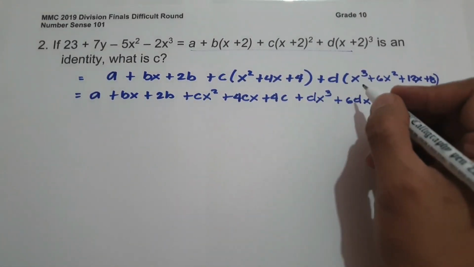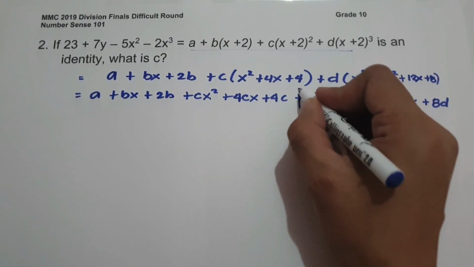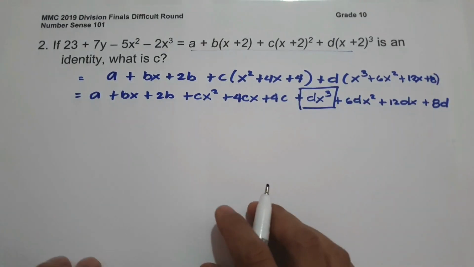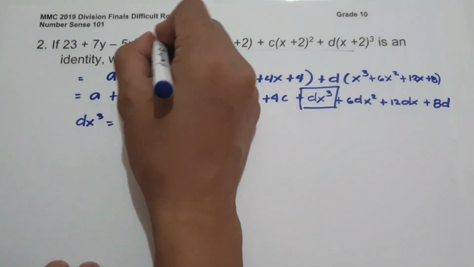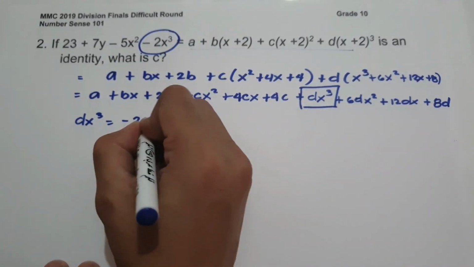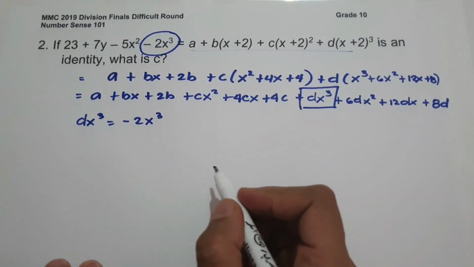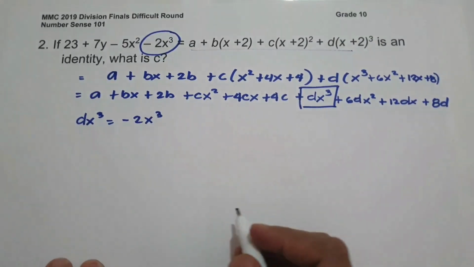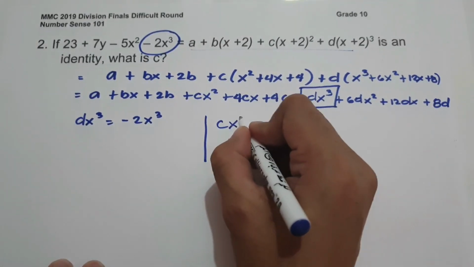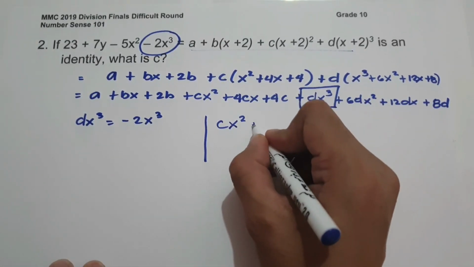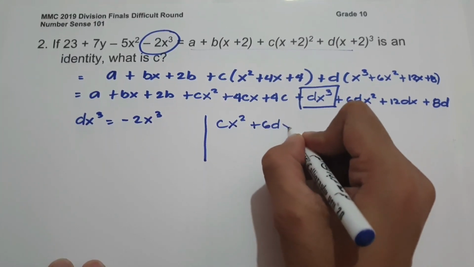So as you can see, we have dx cubed. So dx cubed is equal to negative 2x cubed because we have the same exponent. At the same time, we have cx squared plus 6dx squared.